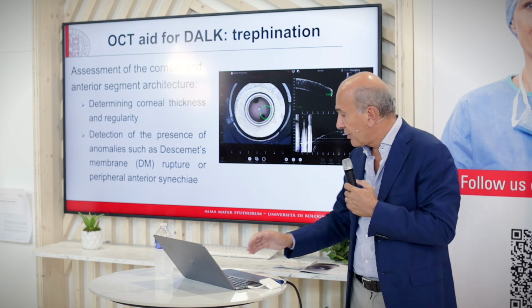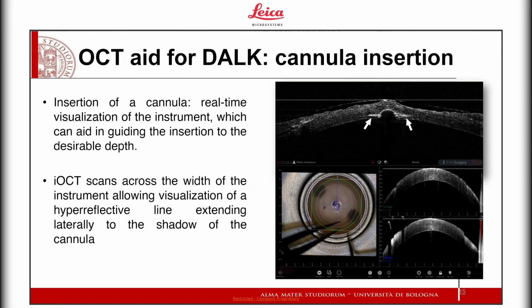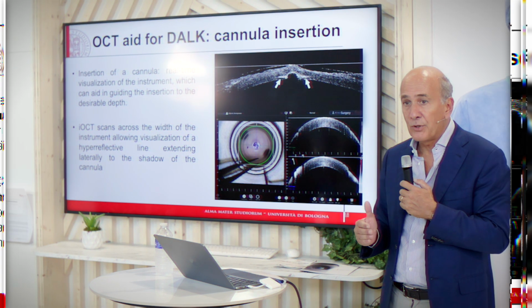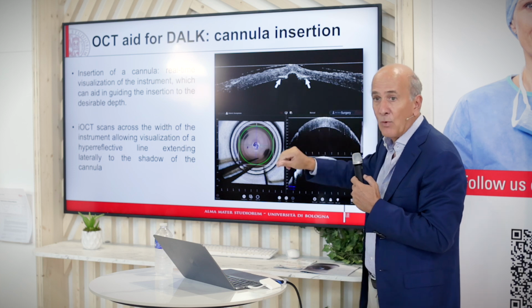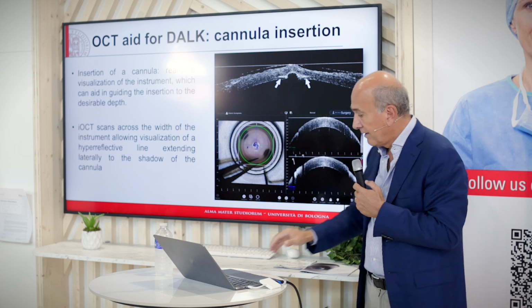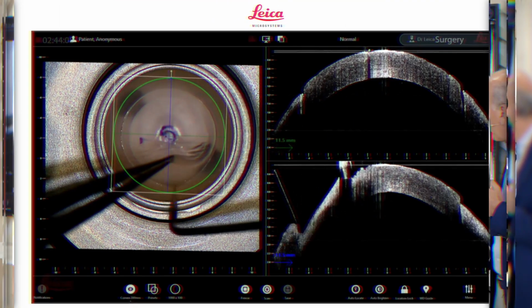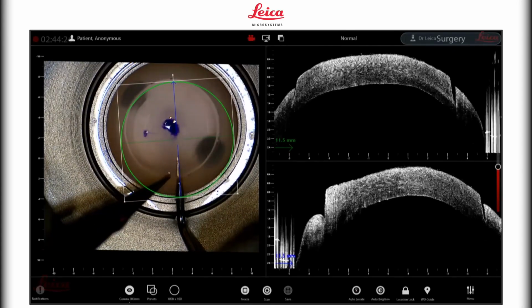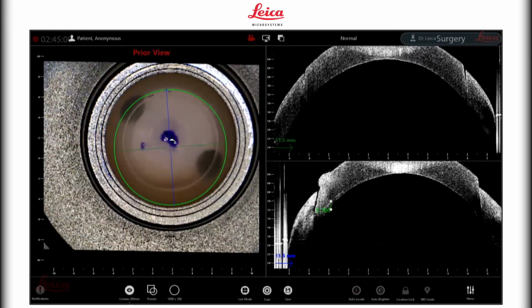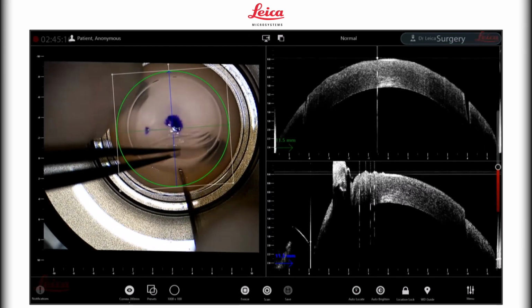Then, of course, you may use the OCT for guiding your cannula through the stroma. And you can see very well the position of the cannula here in one of the sections, okay? But I'm showing you exactly what happens. So I insert a relatively sharp instrument to create a tunnel, and I can measure whether my tunnel was deep enough from the Descemet membrane.